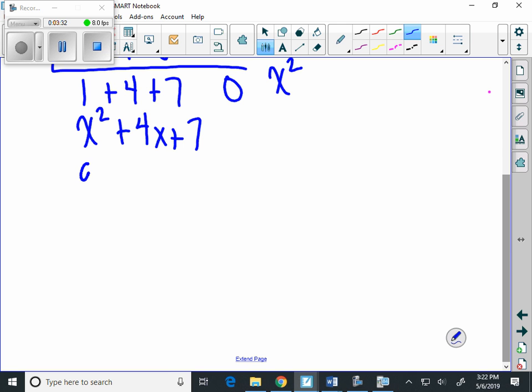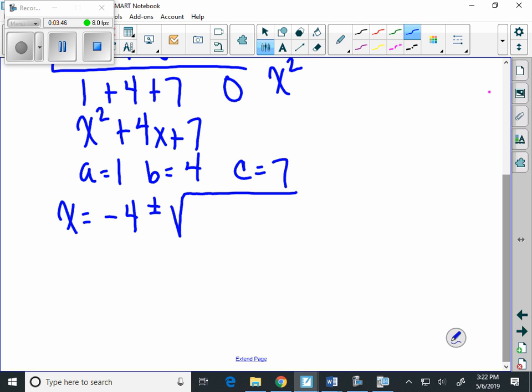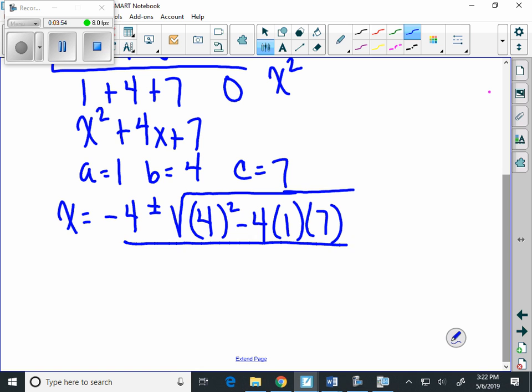So A is 1, B is 4, C is 7, and we're going to put that back into the quadratic formula. X equals negative b plus or minus the square root of b squared minus 4 times a times c, all divided by 2 times a.